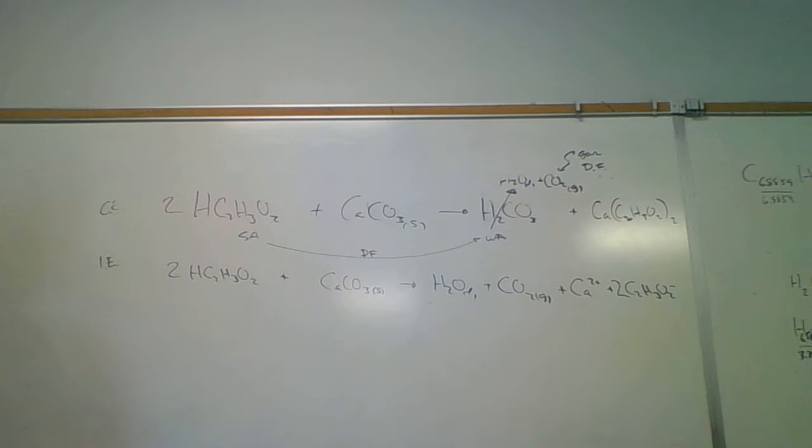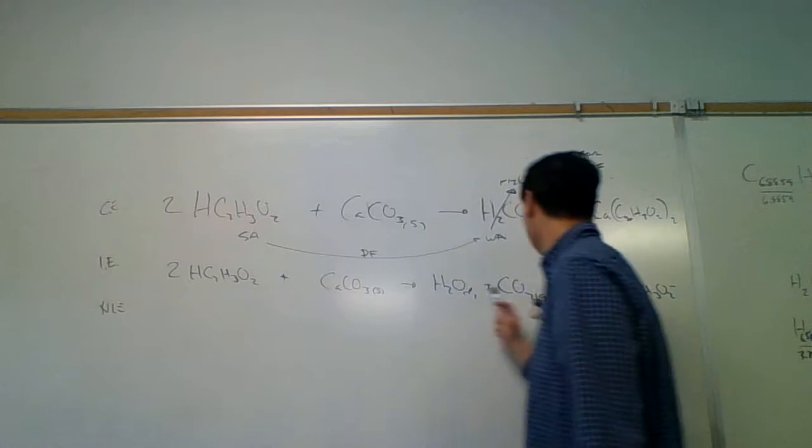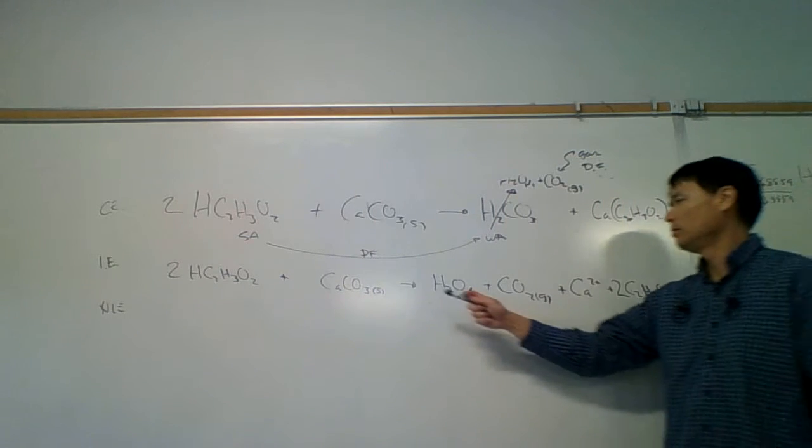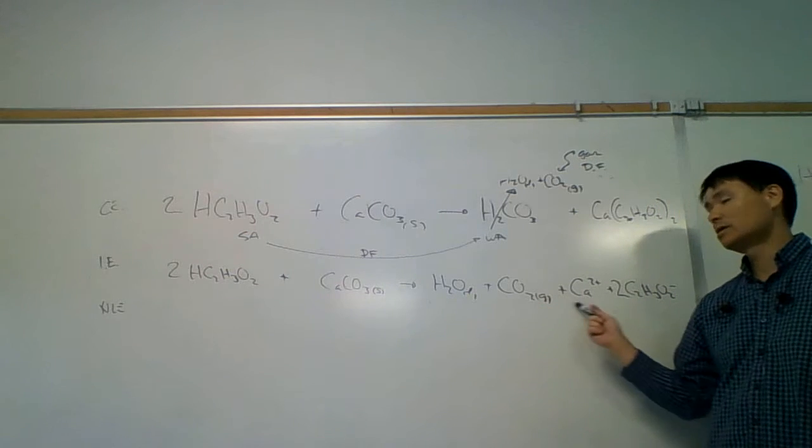So, are there any spectators here with the NIE? Do you see any spectators? Everything except calcium and acetate ions. Well, does acetic acid appear both on the left and the right? Do you see acetic acid on the right?